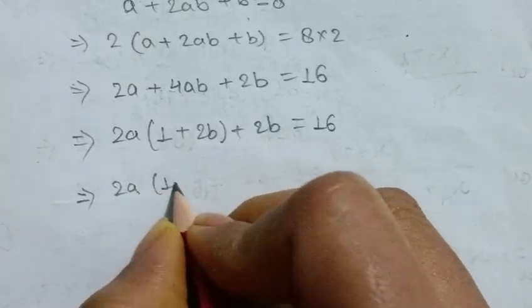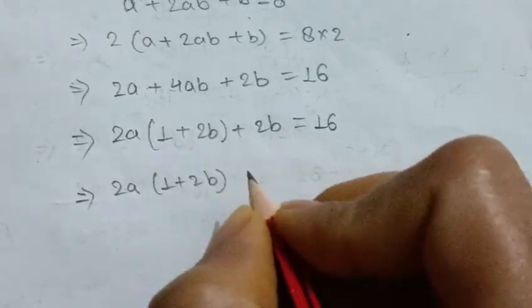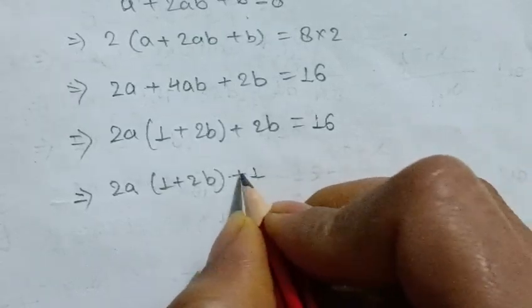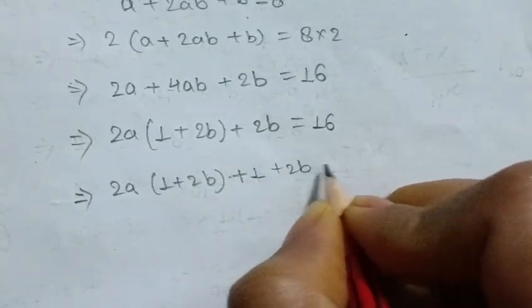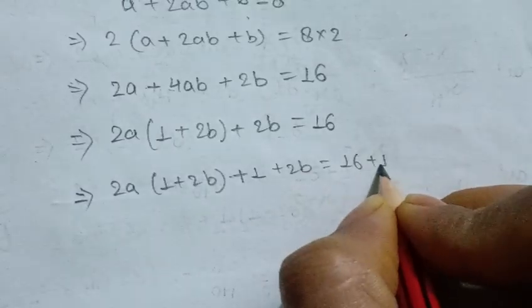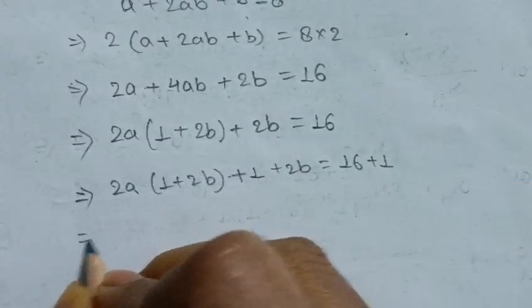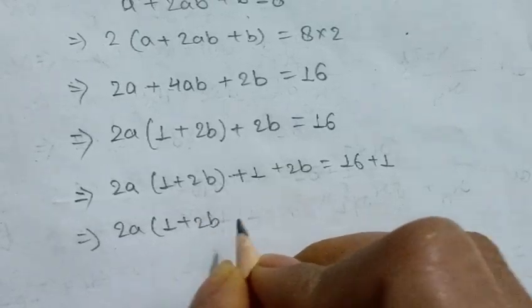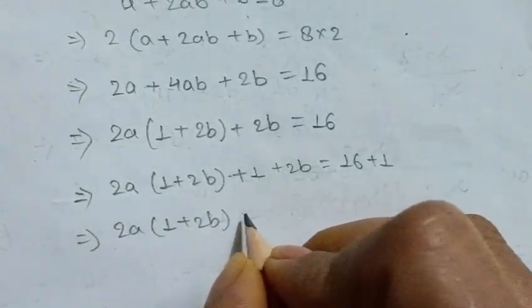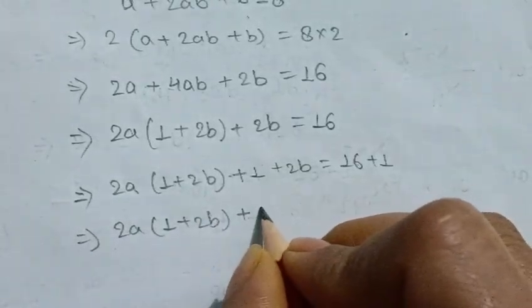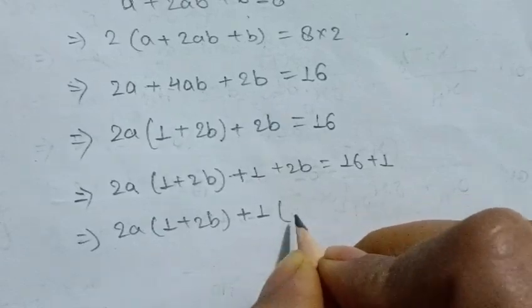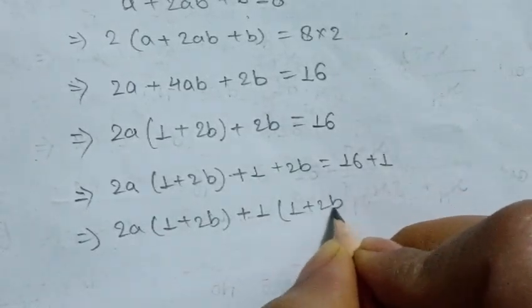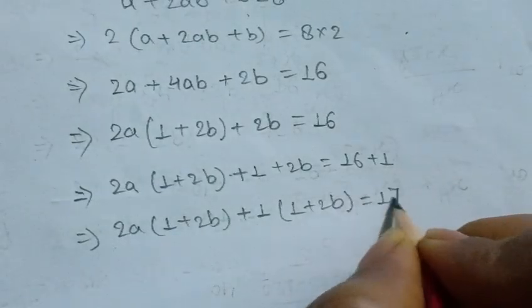Add 1 on both sides, so plus 1 plus 2b is equal to 16 plus 1. So 2a in bracket (1 plus 2b), take 1 common, so 1 in bracket (1 plus 2b) is equal to 17.